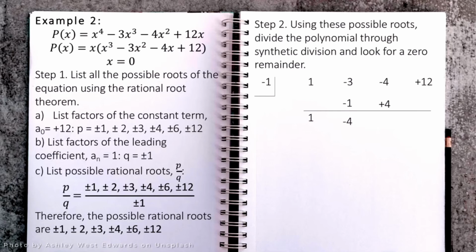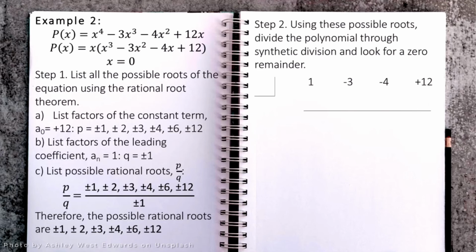Negative 4 plus 4 is 0. And then 0 times negative 1 is 0. Then add. 12 plus 0 is 12. Now, again, the remainder is not 0. Therefore, negative 1 is not a zero of our polynomial function or polynomial equation.